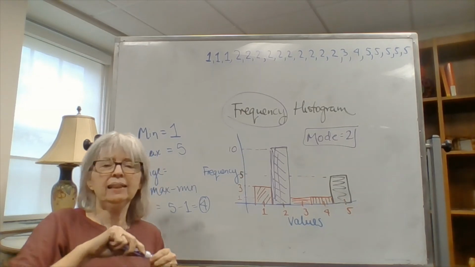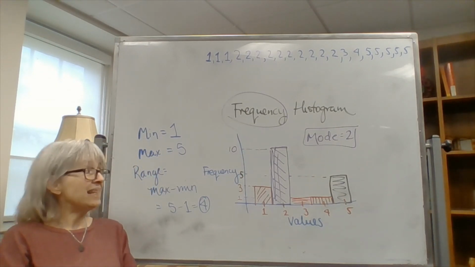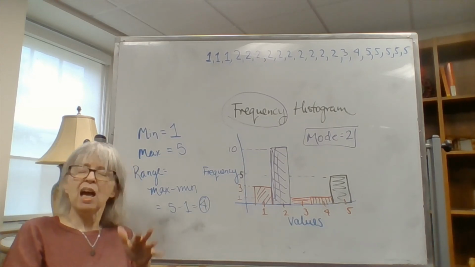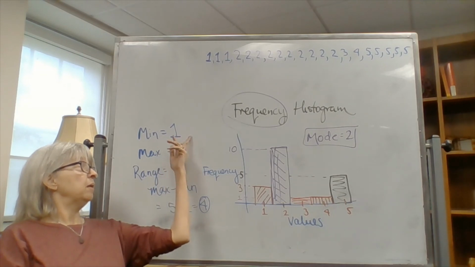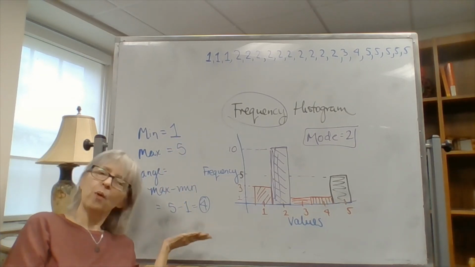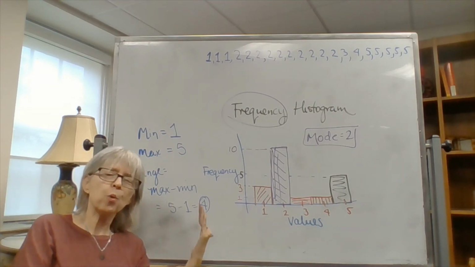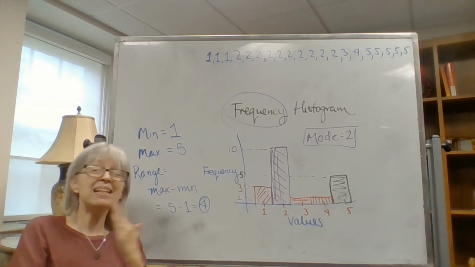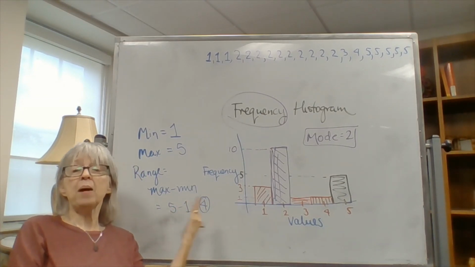And with badly labeled histograms, I can still often have a pretty good idea about the mode, the min, the max, and the range of values. Range, again, not so useful right now because range is about spread. It's not about the size of the numbers. Range is about spread.